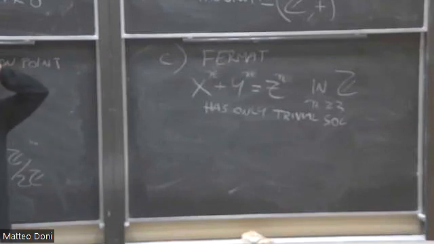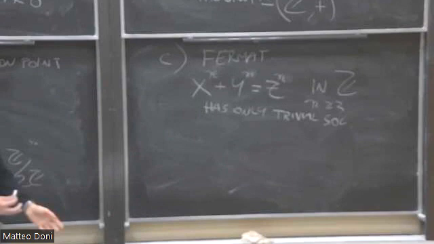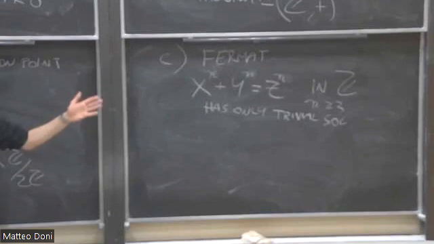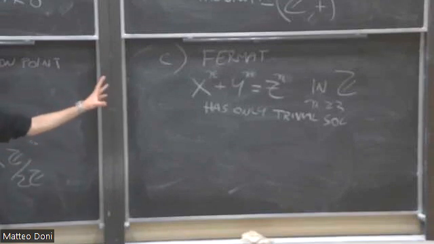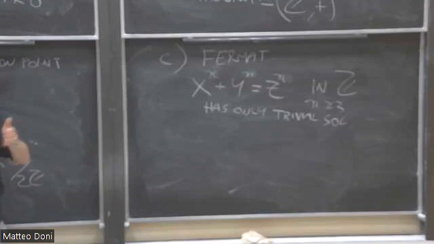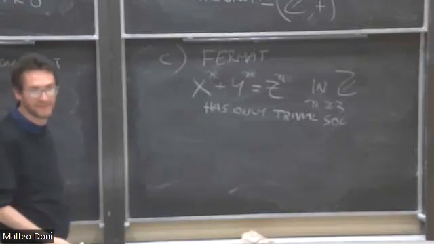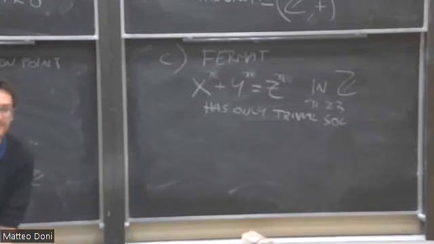Wolfskehl was not a great mathematician, but he was quite rich. Yes, there was also the problem that in the end, the amount of money that he left was completely not valuable when Wiles and Taylor solved this, because of the German inflation between the two wars. But this is another thing.